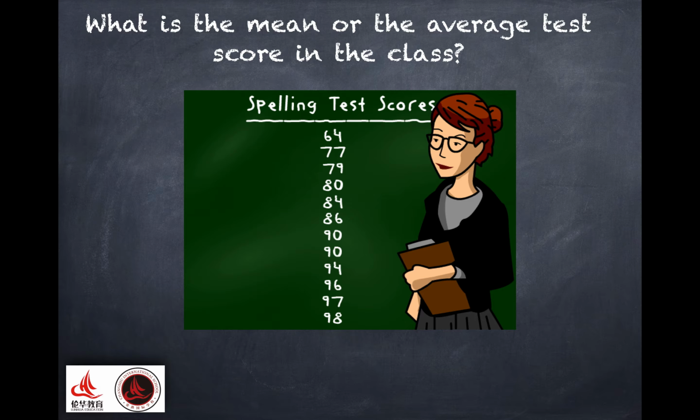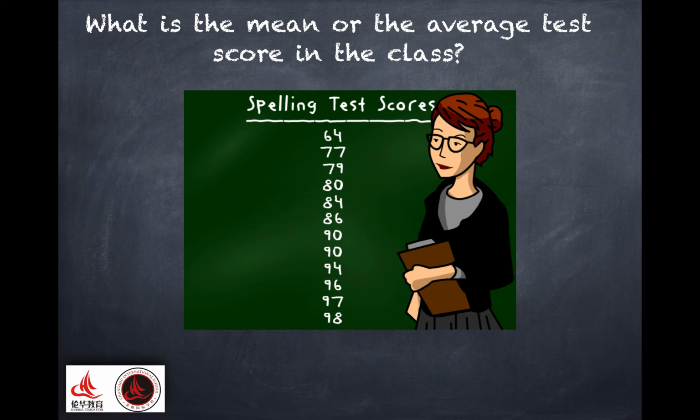So we add 64 plus 77 plus 79 plus 80 plus 84 plus 86 plus 90 plus 90 plus 94 plus 96 plus 97 plus 98.